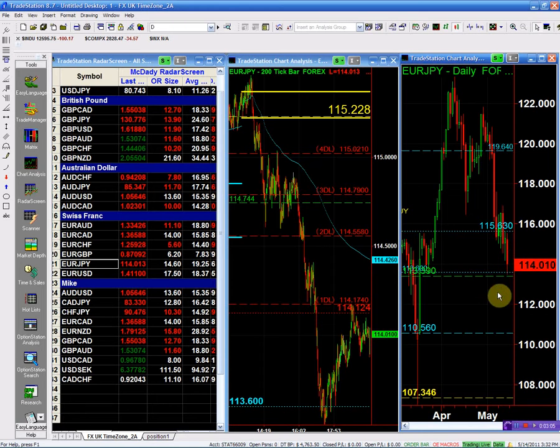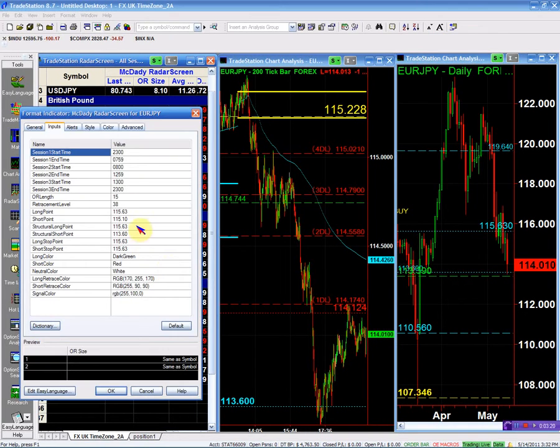I wanted it to trade below this point, to clear this low, before I even consider shorting it. So my short point in the euro yen is 113.60. It is also my structure short point, and it is going to be my short stop.